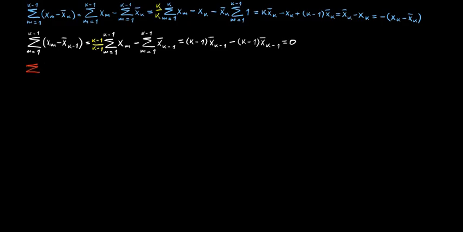Let's evaluate the sum of x sub m minus the current average, where n goes from k minus n to k minus 1. By distributing the summation, we get the sum of x sub m, where n goes from k minus n to k minus 1, minus the sum of the current average over the same range.